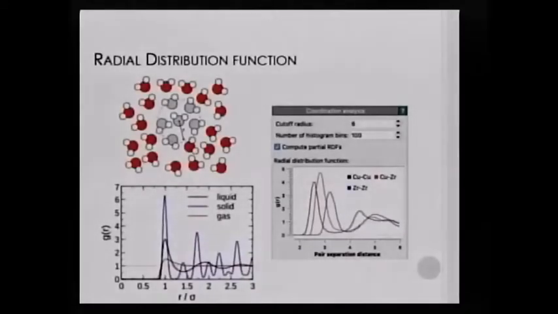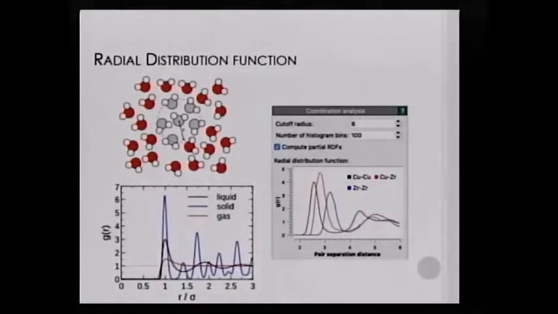The first method I want to approach is the radial distribution function. It basically calculates the probability, for a given pair distance, of finding another atom at such a distance. Here we have an example of what a normal RDF curve looks like.